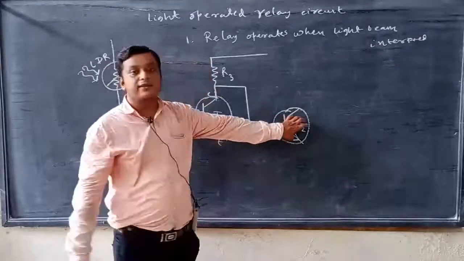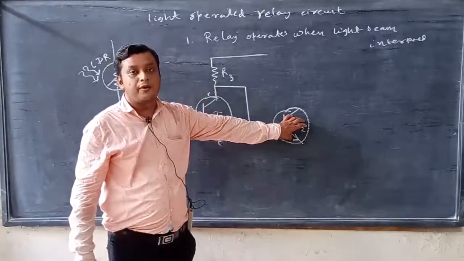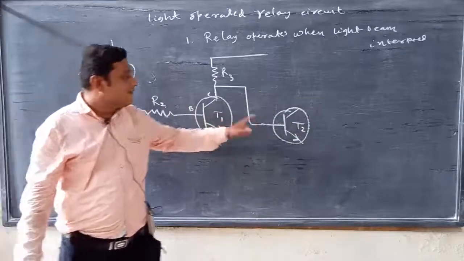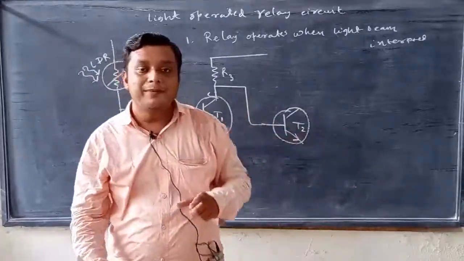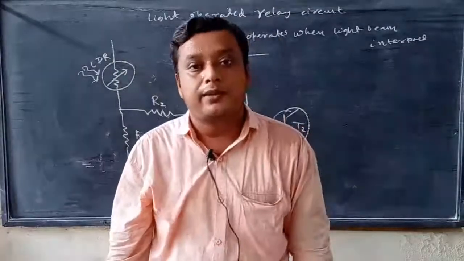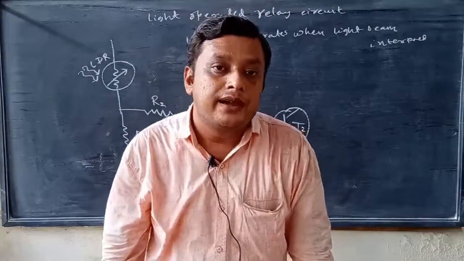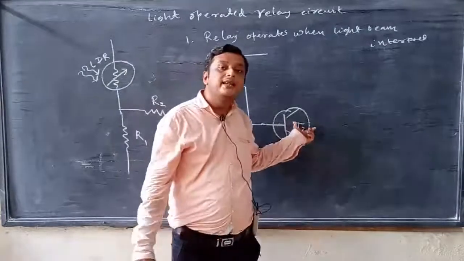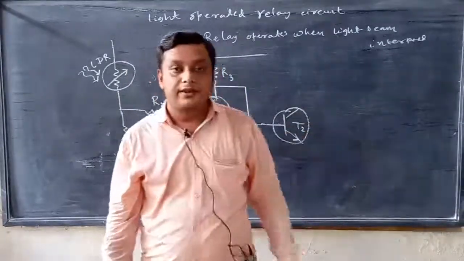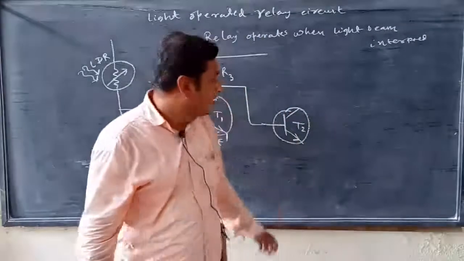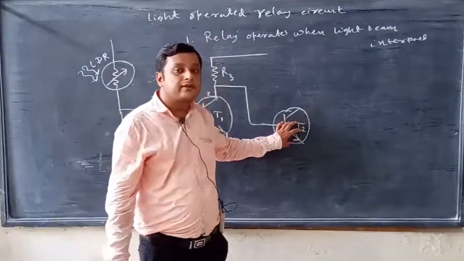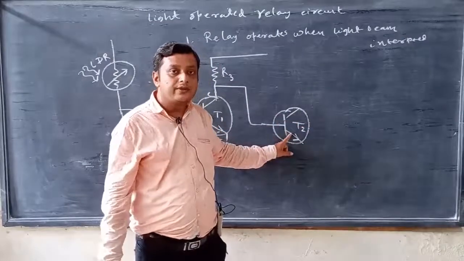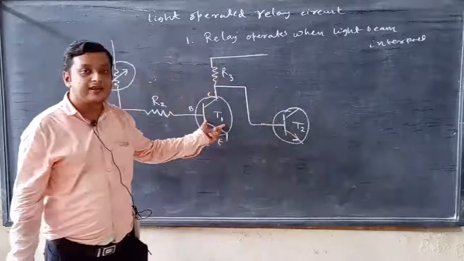So actually this transistor T2 is totally controlled by transistor T1. It means whether the T2 transistor will be in cut-off state, meaning collector current will or will not be achieved, or whether it will be in a saturation state, is totally controlled by the transistor T1.